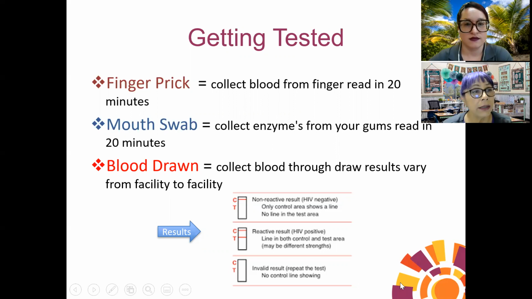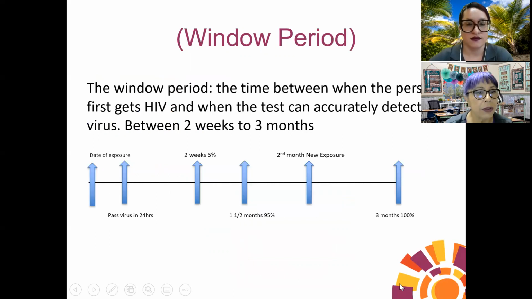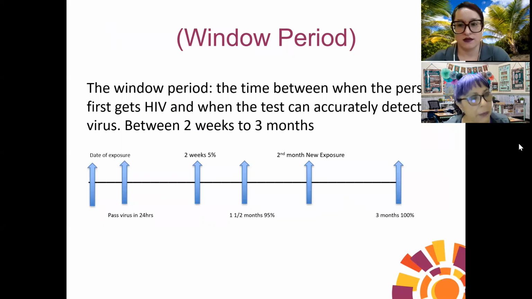All right, let's look at the next frame. So, the window period. This is how long it takes for people to find out if they have HIV or not. So we're going to create a scenario. The very first arrow that you see there is called the date of exposure, right? That's the time that you might have been exposed. And do you know that you could pass the virus on within 24 hours of getting infected?